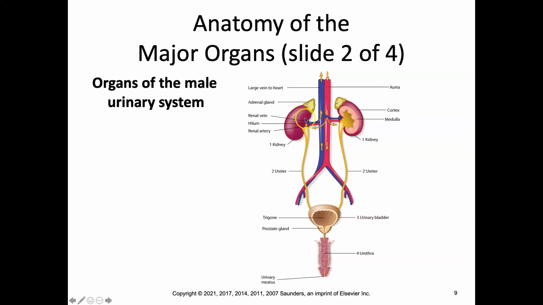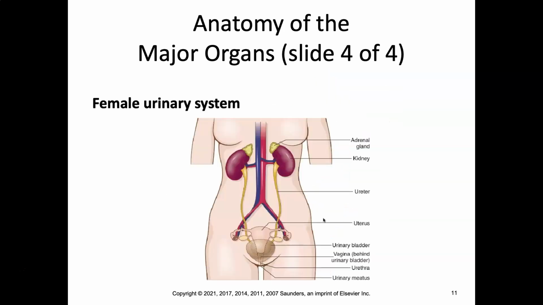You have a ureter with each kidney, and they empty into the urinary bladder. From the bladder, you have one urethra, and that leads to the external part of the body. So in a male, it leads to the penis, and in the female, as you can see here, it leads to the urinary meatus, which is where the urine is released.